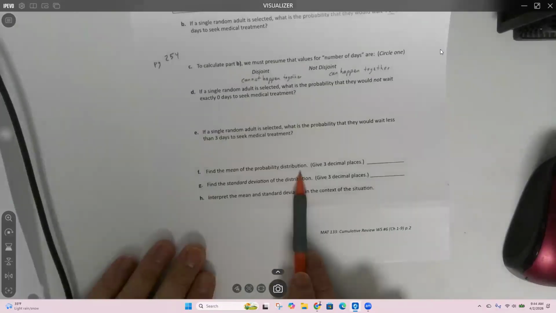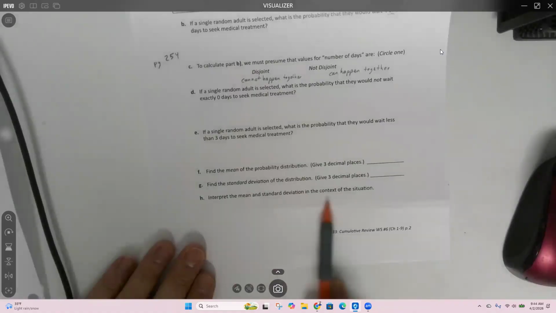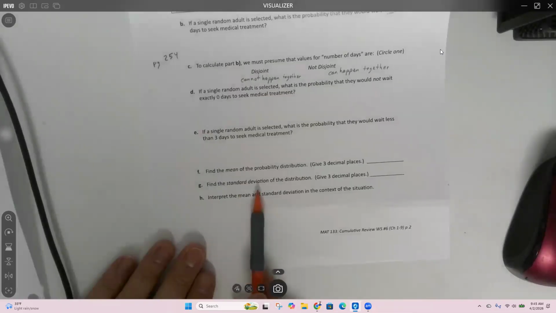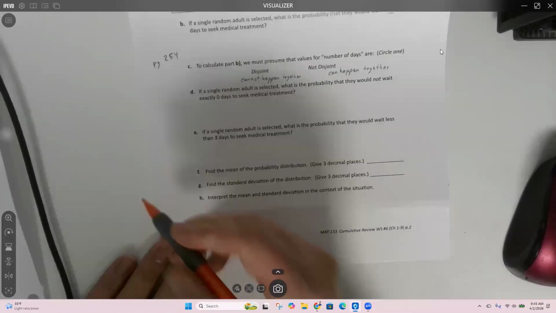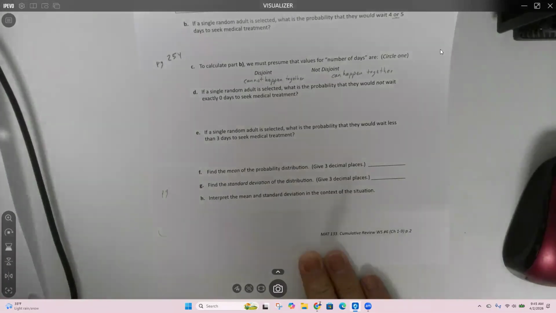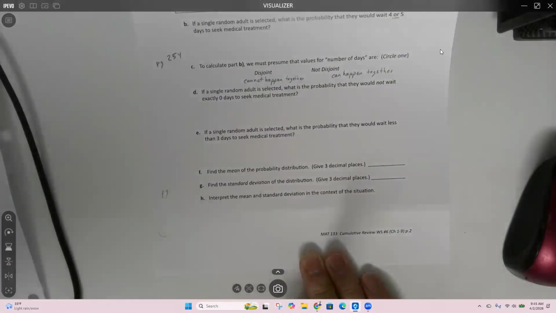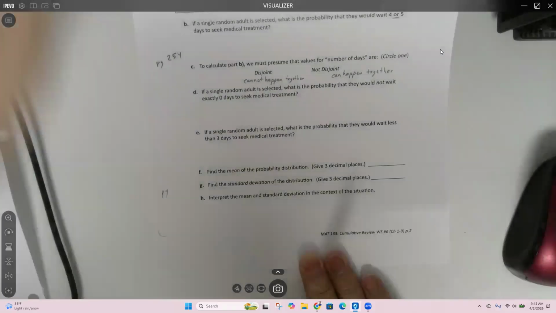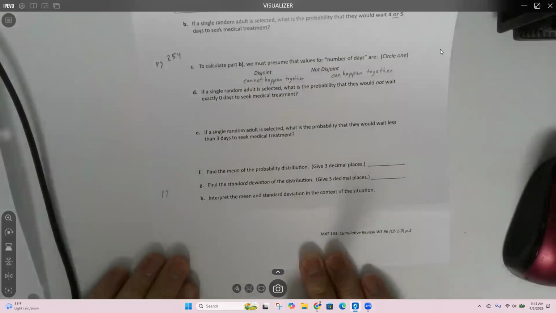Find the mean of the probability distribution, find the standard deviation of the probability distribution, interpret the mean and standard deviation. So where do I find how to calculate mean and standard deviation? What page is that on? There were three methods for calculating mean and standard deviation.